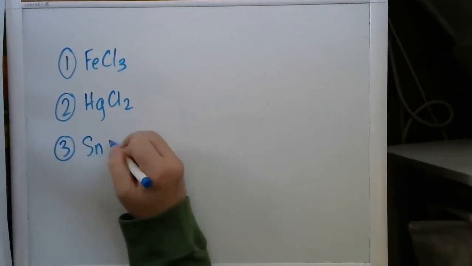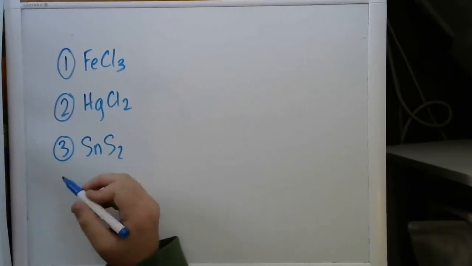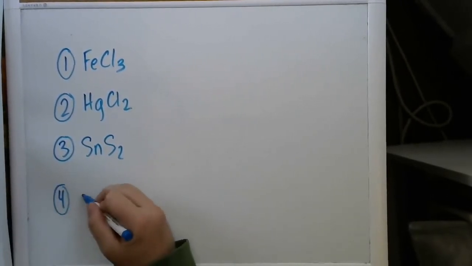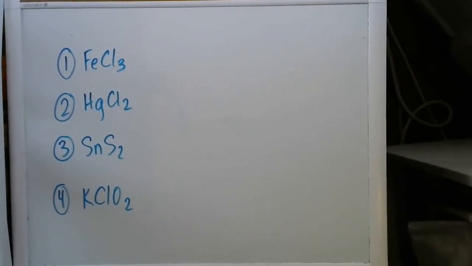SnS2 and KClO2. Okay, so it might be a good idea to just go through and try to name these as we would normally name them, and then see what we see when we compare it back to our choices.